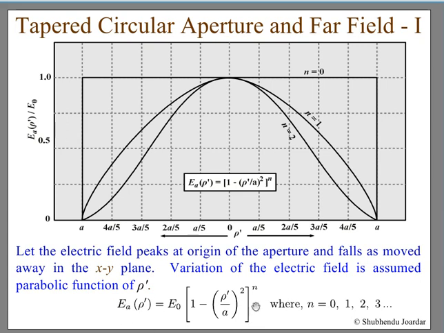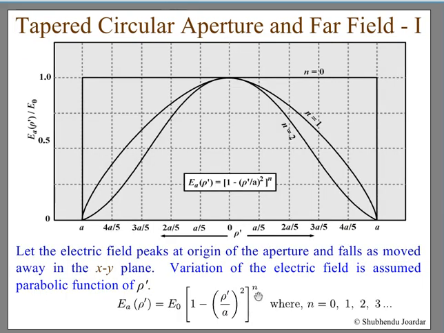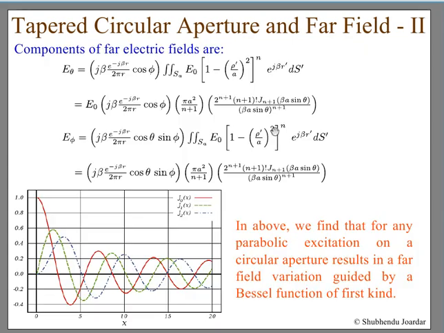With this electric field applied, we will try to see what happens in the far field pattern. This is what you get: E theta is equal to this. You are integrating this function that you are putting here, and here again you see that depending on the type of excitation you choose by selecting the value of n, you will get an expression in the far field pattern, and a first kind Bessel function will be playing here.